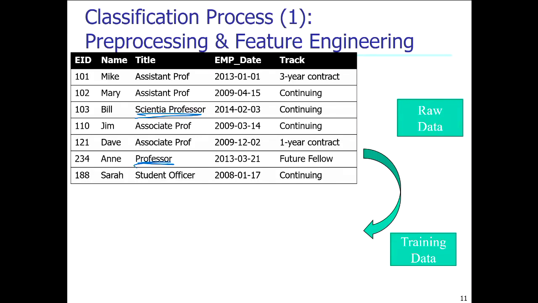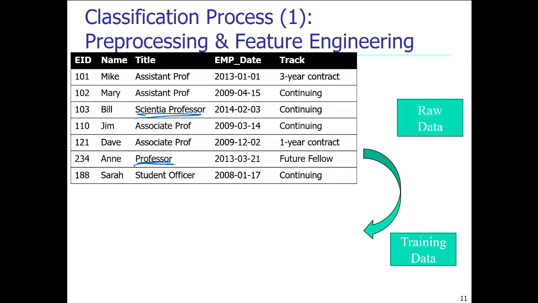Okay, so we have at least 1, 2, 3, 4, 5 different titles, right? But if you do have the domain knowledge or you have the choice to do some kind of pre-processing, you can say, okay, professor and science professor are all professors. So basically, you can convert them into the same thing.